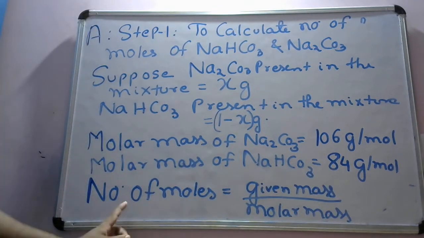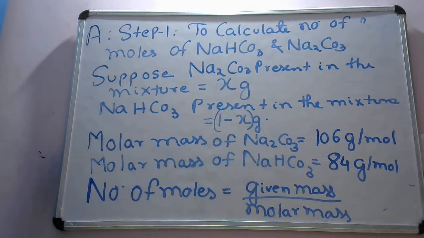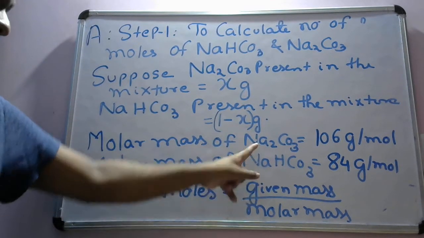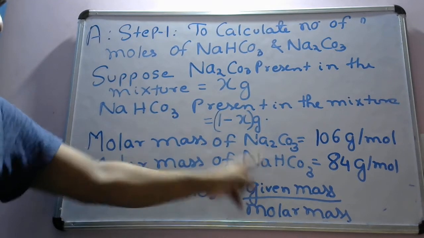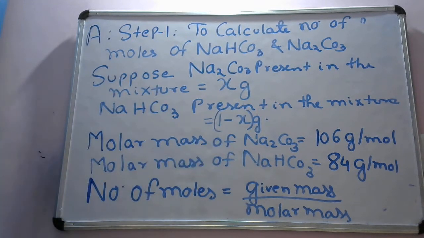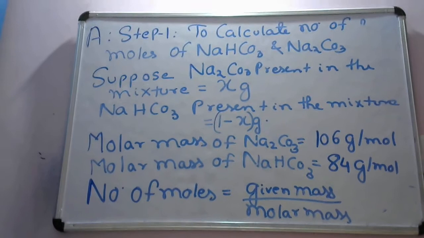So we have everything, given mass as well as molar mass, and we can calculate the number of moles of both. We will do it in the next step.